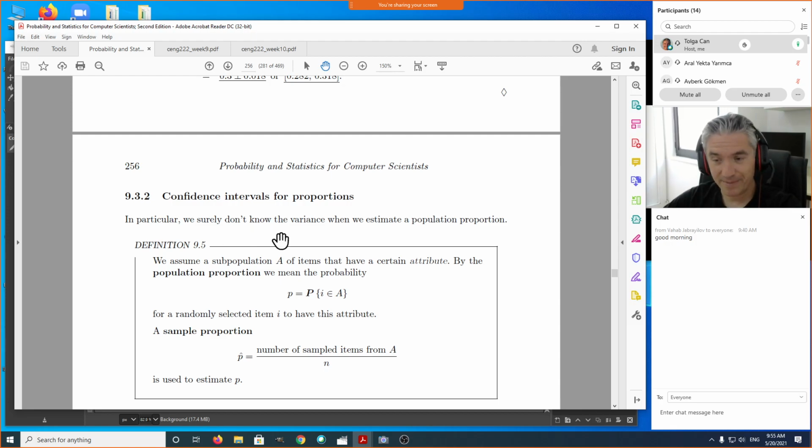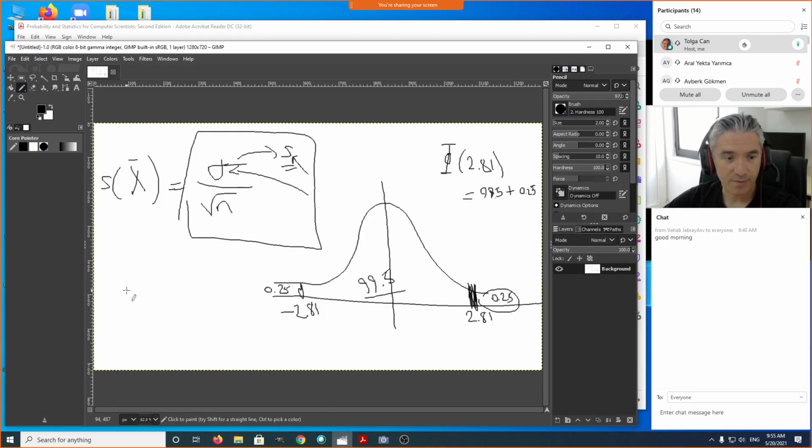That's the case because, it may not be very easy at first, but in a Bernoulli variable, the variance of X is equal to, if you remember, p times q, which is p times 1 minus p. If somebody tells you that the population variance is 0.25, if the population variance is known, what does this tell us?